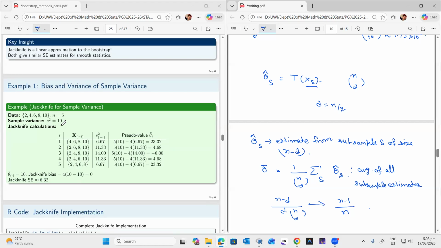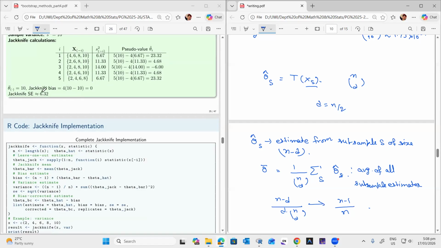We have the sample 2, 4, 6, 8, 10, n equals 5. The sample variance s square equals 10. So what we are going to do is take the pseudo values, that is basically 4, 6, 8, 10.